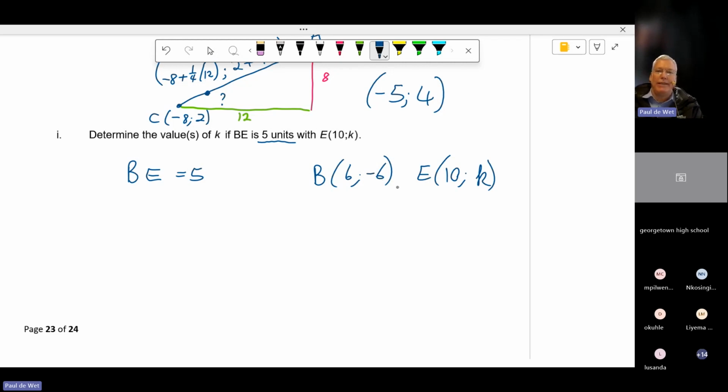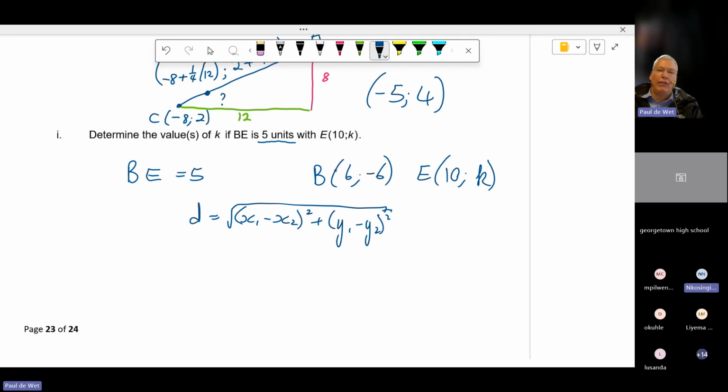And I want the distance between B and E to be 5. What's my distance formula? Who can tell me? D equals the square root of (x1 minus x2) squared plus (y1 minus y2) squared.